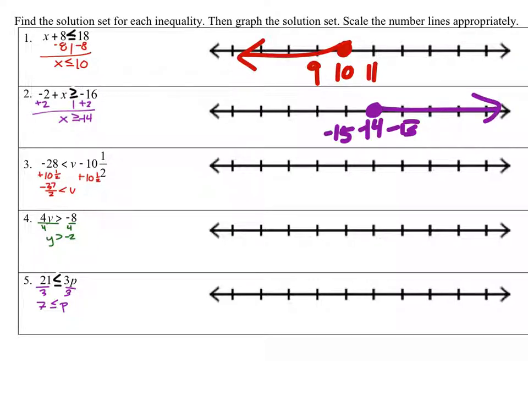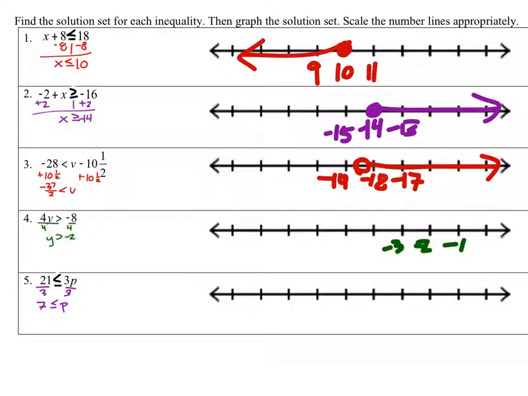The next one, at negative 37 halves, so that's negative 17, negative 18, negative 19. So it should be open at negative 18.5-ish, and it is eating the v, so it goes to the right. Next one at negative 2, so we'll say this is negative 3, negative 2, negative 1.